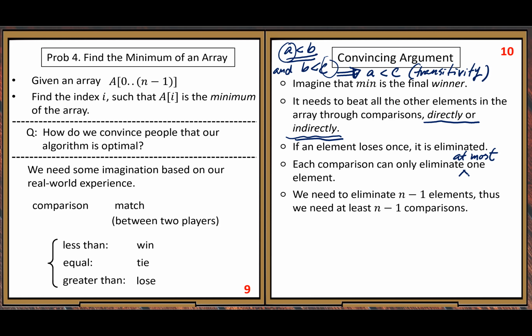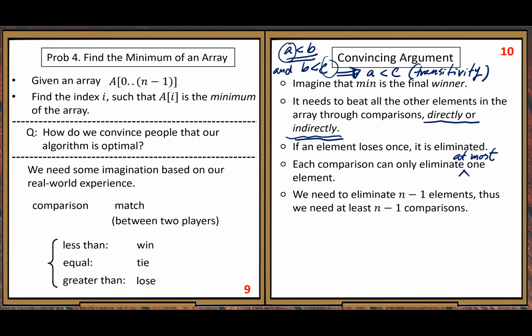No matter which way you do it, in order to find the minimum, you have to eliminate n-1 elements. To get that, you need to do at least n-1 comparisons.